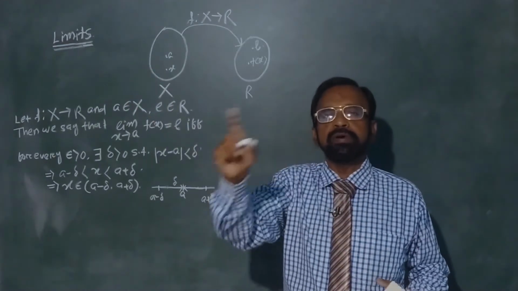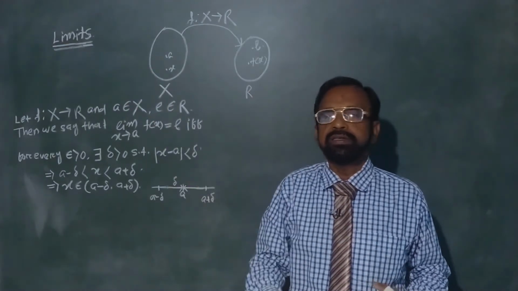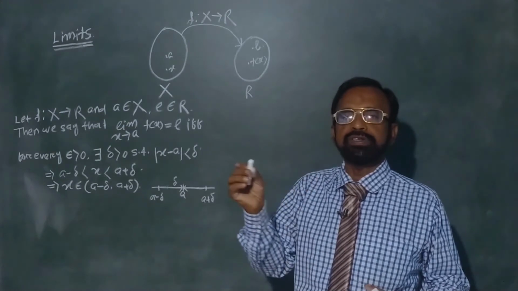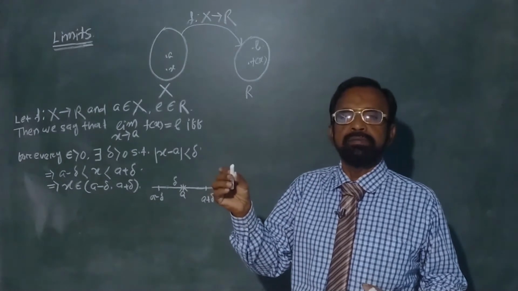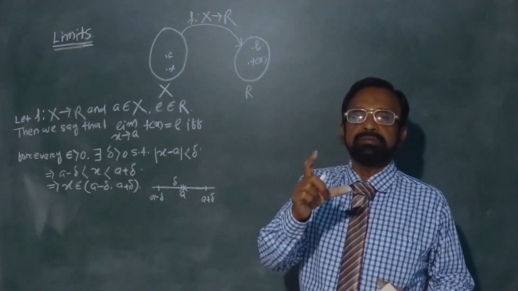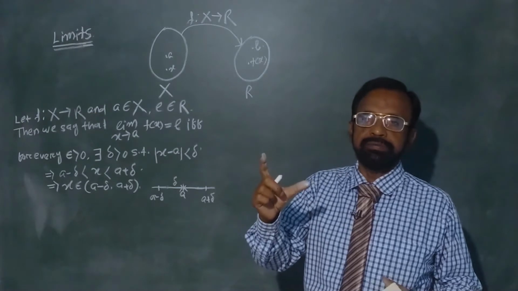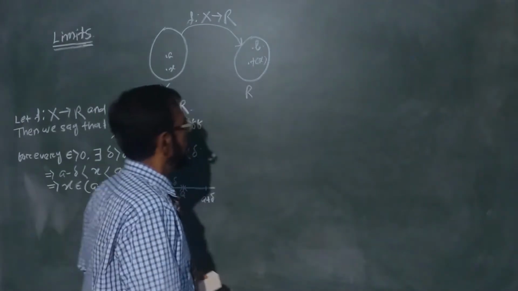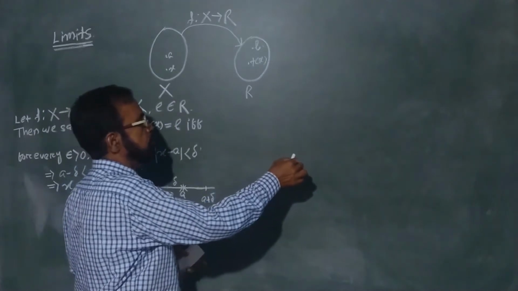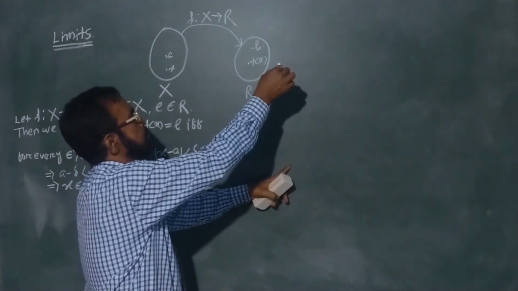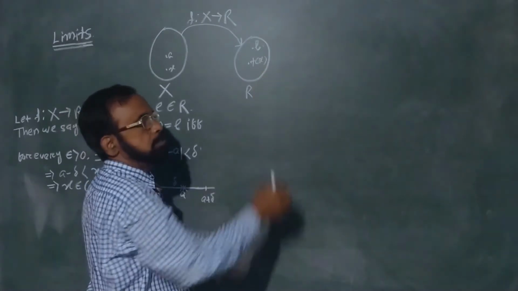The limit of the function means the image of the point approaches another point. When the pre-image changes, the image also changes. For your clarity, suppose my hand is here, so there is an image. Now my hand is here, so there is an image.